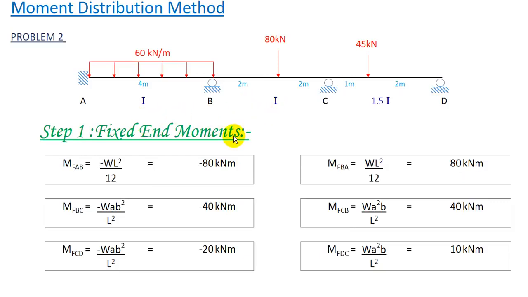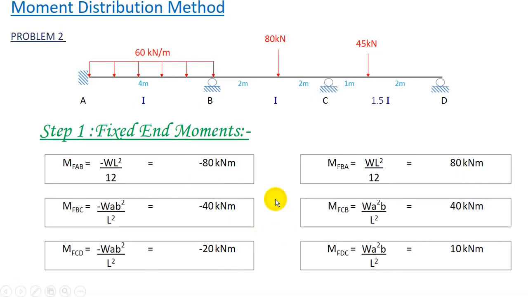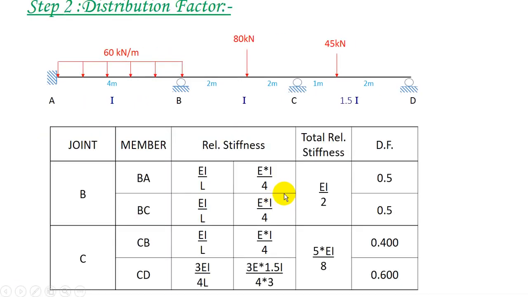Now let us go to step 2. Step 2 is distribution factors. Basically, distribution factors give us how much contribution each member makes to resisting the loads. I'll explain it to you later in this video tutorial, but let us now concentrate on how to find the distribution factor.